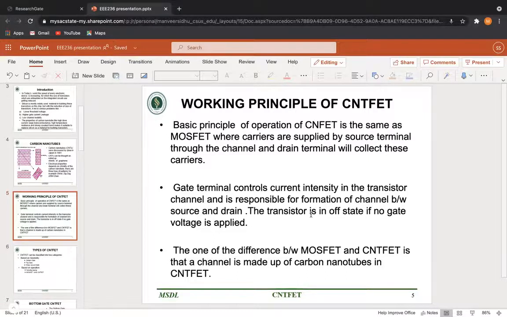As the gate voltage becomes more than the threshold voltage of the MOSFET, a channel is formed between the source and drain. One of the differences between MOSFET and CNTFET is that the channel is made up of carbon nanotubes in the CNTFETs.